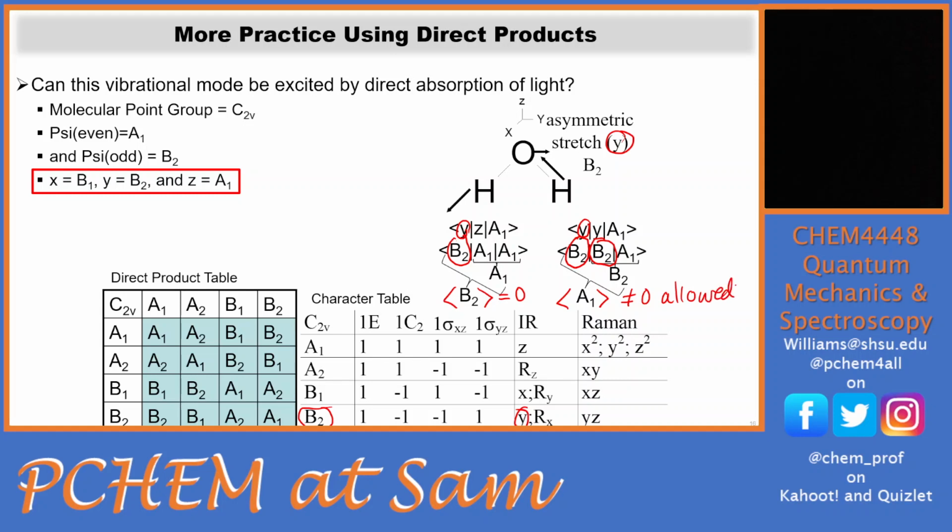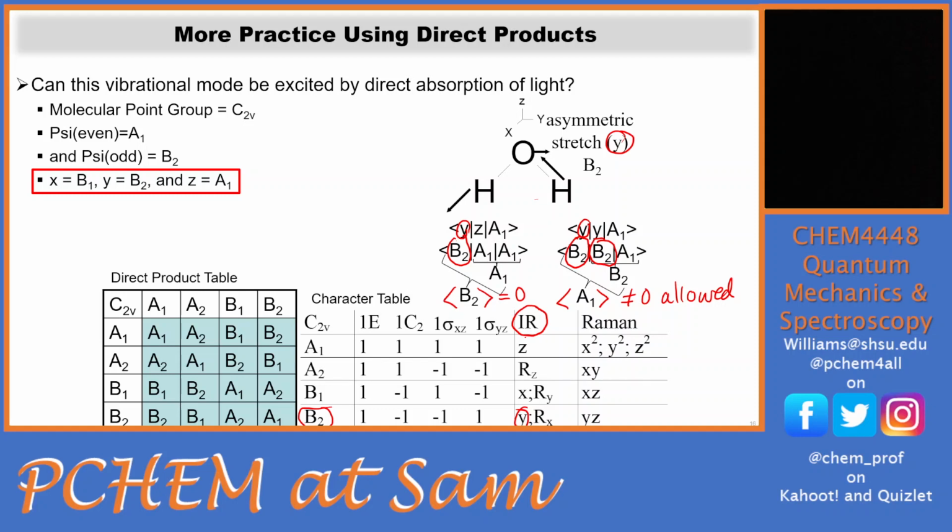Because those energy levels alternate in their symmetry, this is what allows us to sort of cut to the chase in this character table and say for direct absorption, for vibrational motion, and that occurs in the infrared region. That's why this is labeled IR. So if our motion has the motion of Z, so our symmetric stretch had a dipole moment that changed in the Z direction, then Z polarized light will cause it to be absorbed.